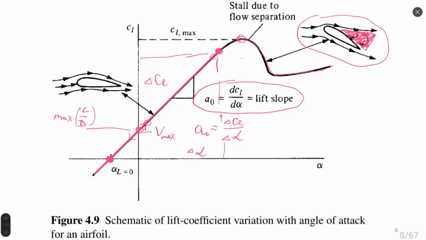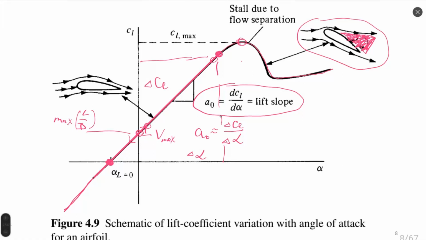And when you continue to decrease the angle of attack, the lift coefficient will continue to go linearly, and then will be curved in the same way as at positive angle of attack, also due to flow separation.